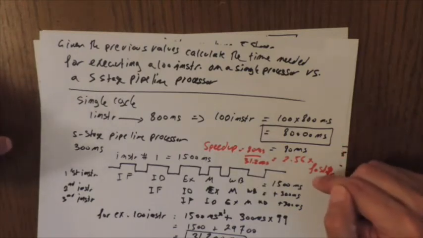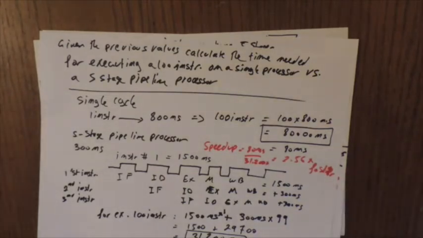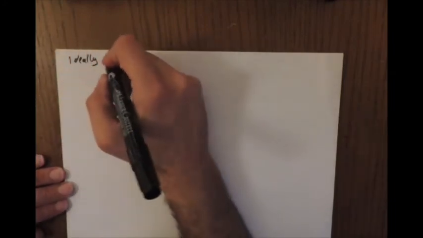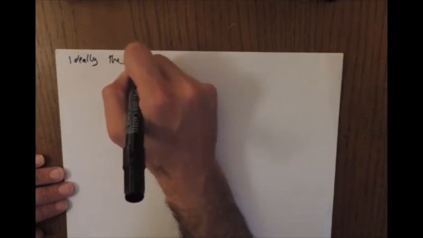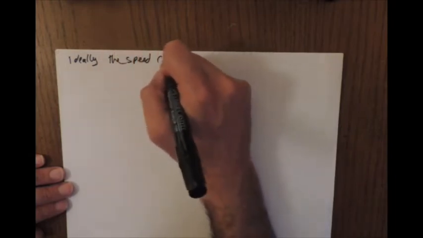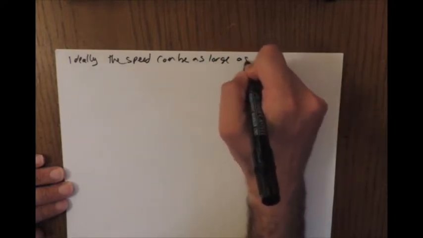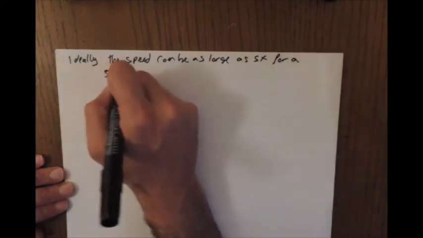And also this is true only for ideal cases. So what do we mean only ideal cases? So ideally, the speed up can be as large as 5 times for a 5-stage pipeline.